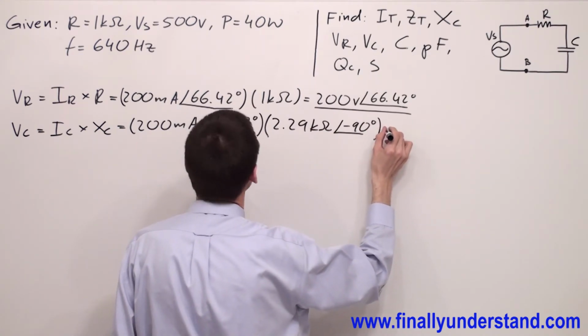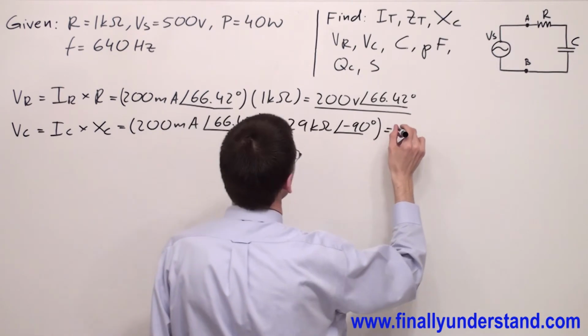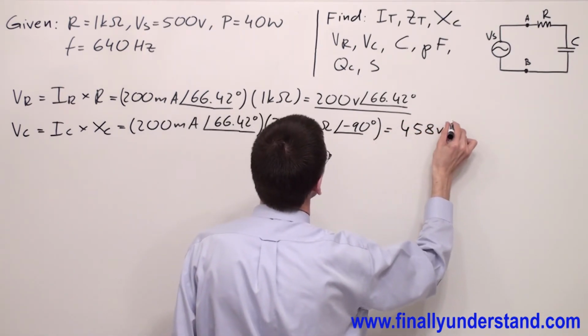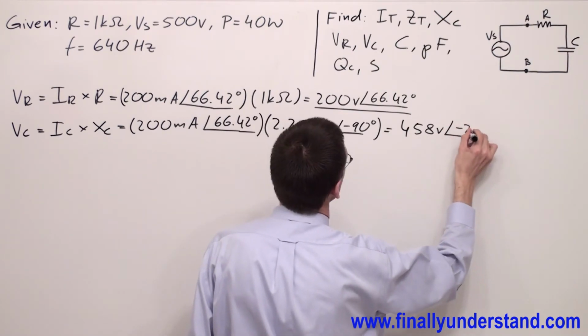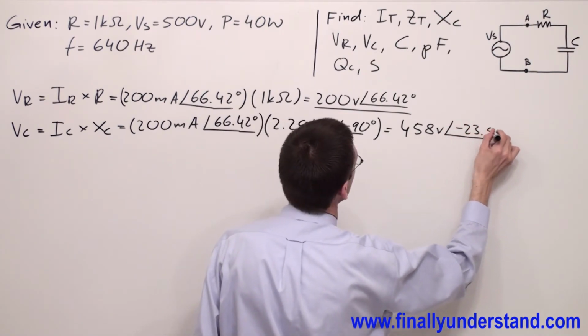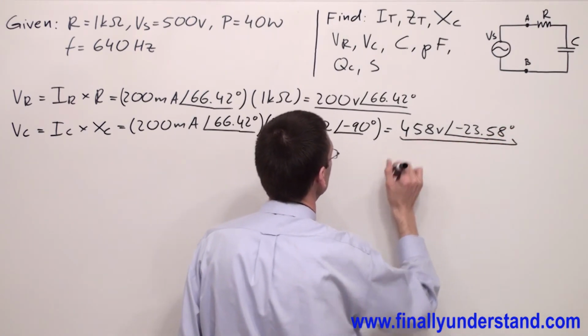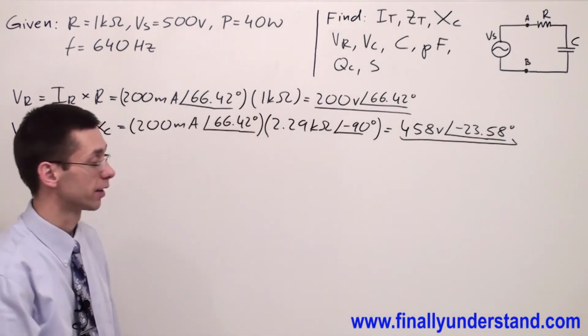This is equal to 458 volts and angle of negative 23.58 degrees. This is the voltage drop across the capacitor.